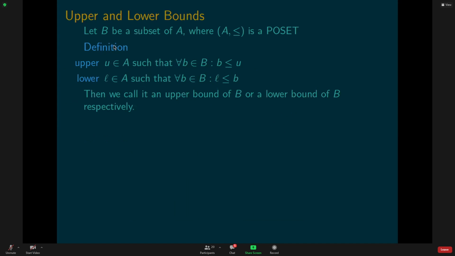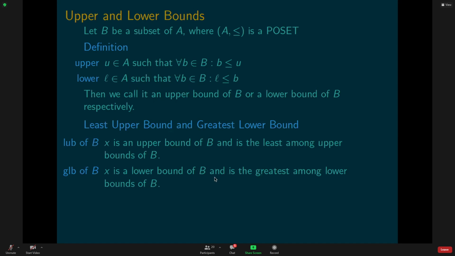Now, if we take a subset of our set, where our set is a poset, then we have the upper bound, which is an element U such that every element in B is smaller or equal than U. And the lower bound for B is an element of A such that all elements of B are greater or equal than L. We may have many upper bounds and lower bounds, right?